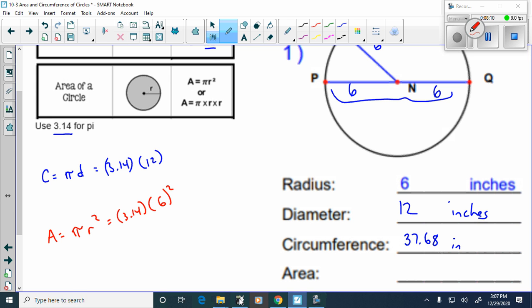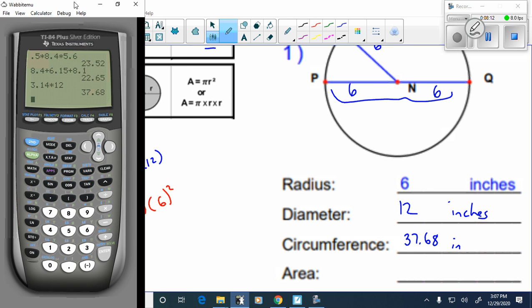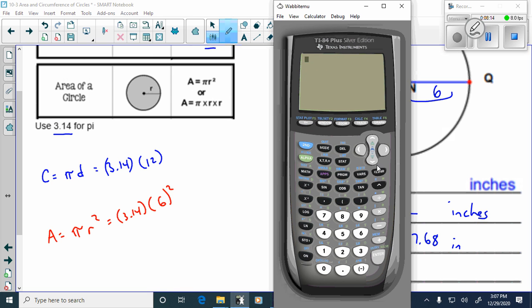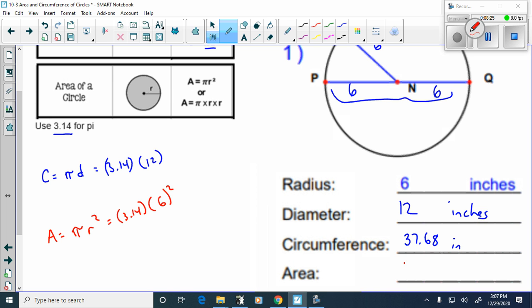So on my calculator, I'm going to go 3.14 times 6 squared. And I get 113.04. And that's going to be in square inches. Area is in squared units. Circumference or perimeter is in the original units.